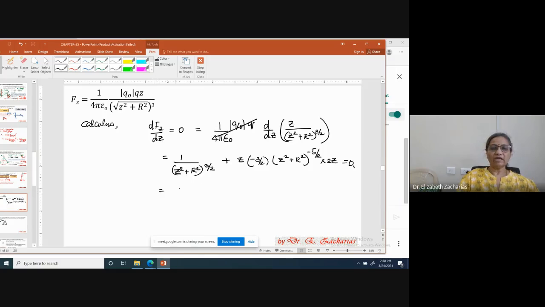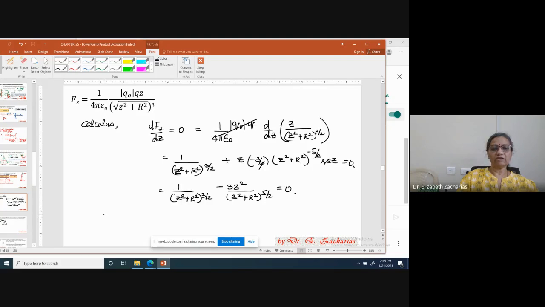Or I can write it as 1 by (z square plus r square) to the power of 3 by 2 minus this, the 2 and 2 will cancel out. Therefore I can write it as (3 minus 3z square) divided by (z square plus r square) to the power of 5 by 2 equal to 0.